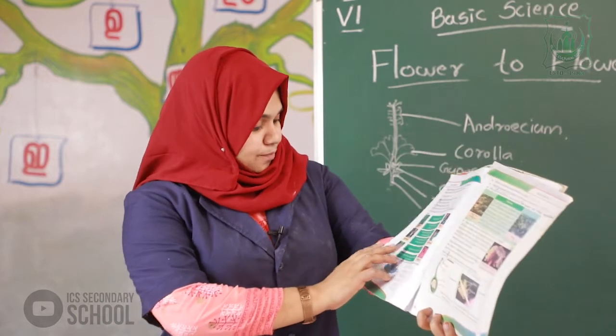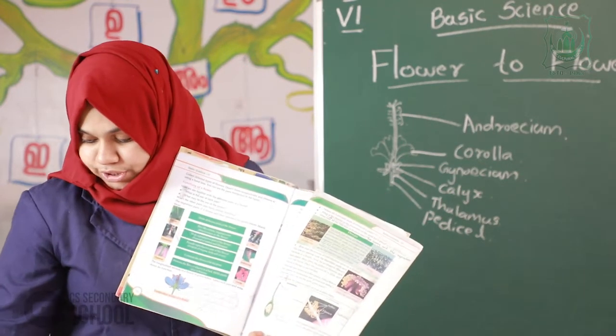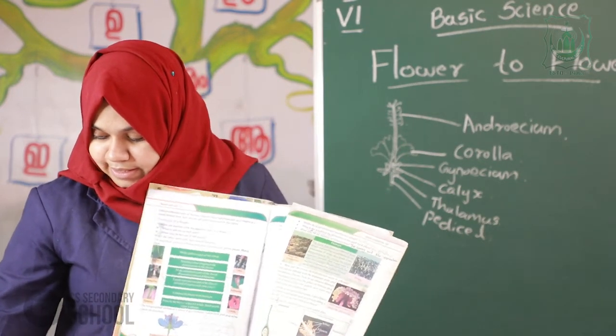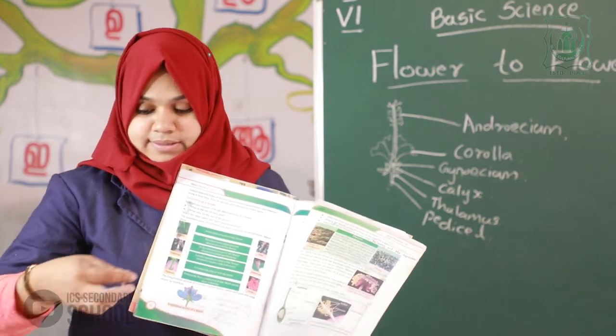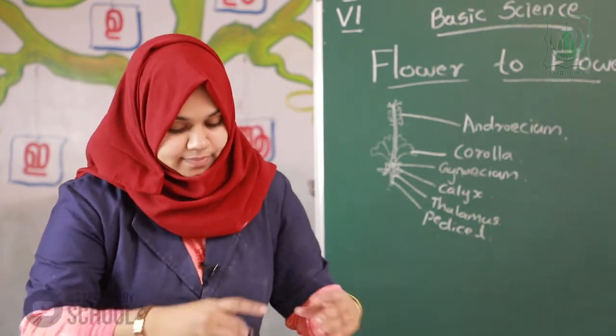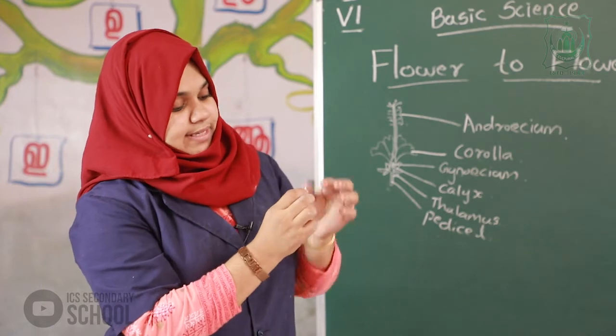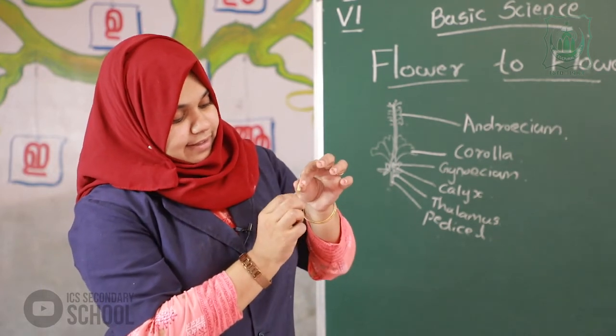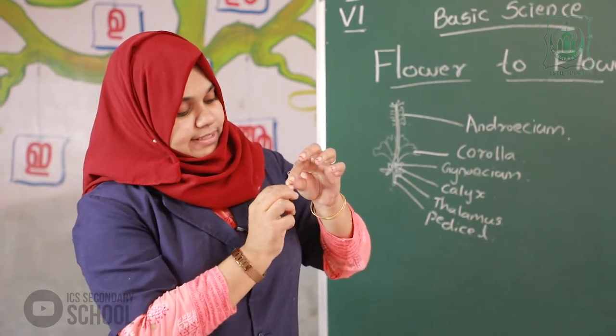That is gynoecium. This is the gynoecium of the hibiscus flower. If you have a hibiscus flower at home, you can look at the parts of the flower.